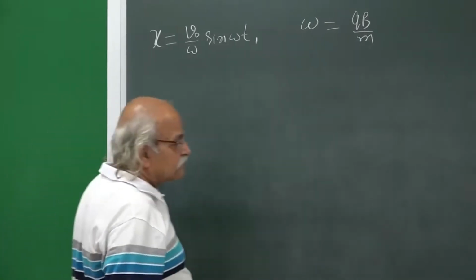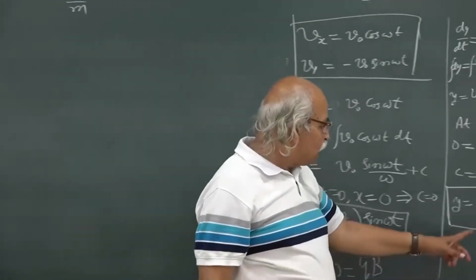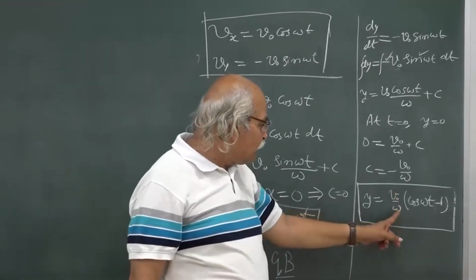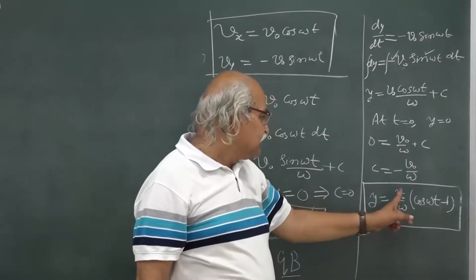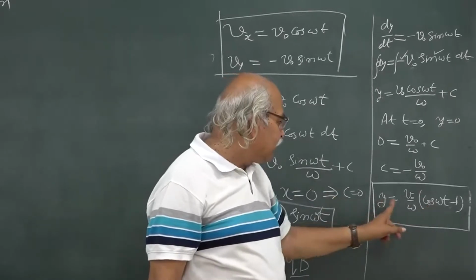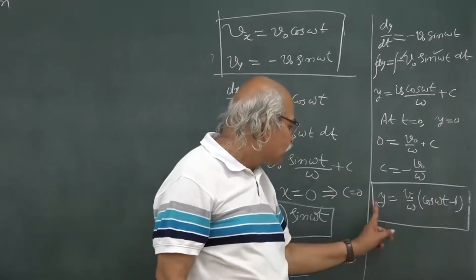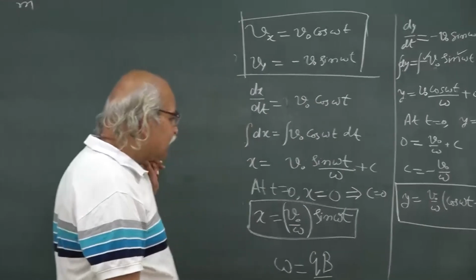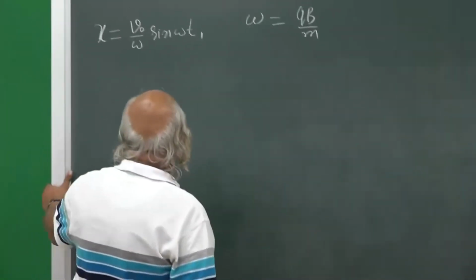And for y, v naught by omega cos omega t, what is this? This will be y plus v naught by omega. Verify that I am writing it correctly.